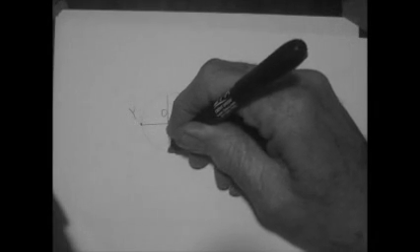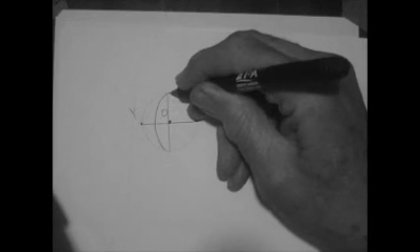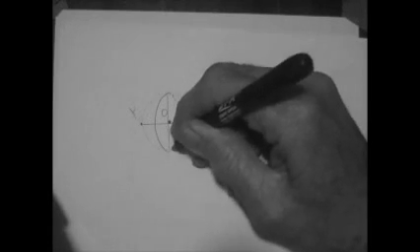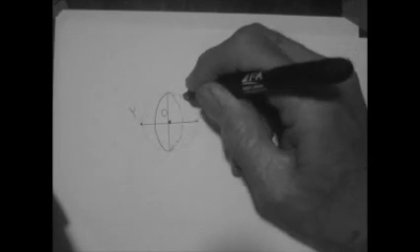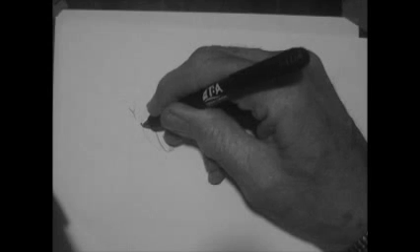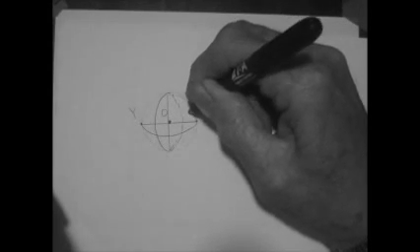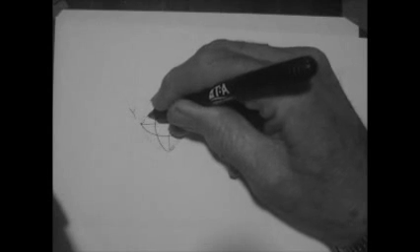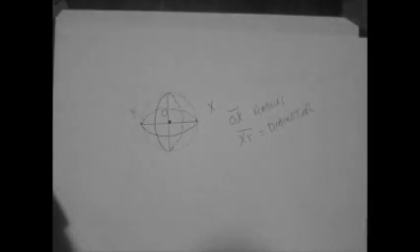This one here comes out off the paper, and this one here goes around behind the paper, like so. Okay? And I'm going to do it here also. This one here comes off the paper, and this one here goes around behind, like so. And what we have there is a representation of a sphere, which is then a three-dimensional object.